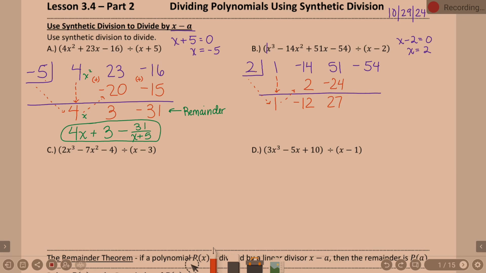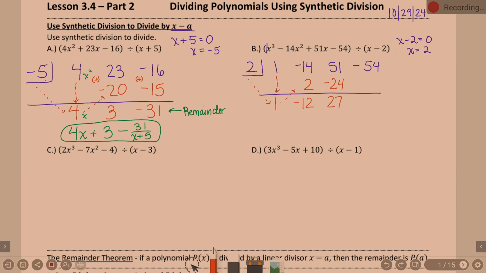Okay? And it's always an adding step on these. That's the one big difference, because in long division we always had to subtract. Synthetic division is nicer. We just get to add. Multiply, add. Multiply, add.